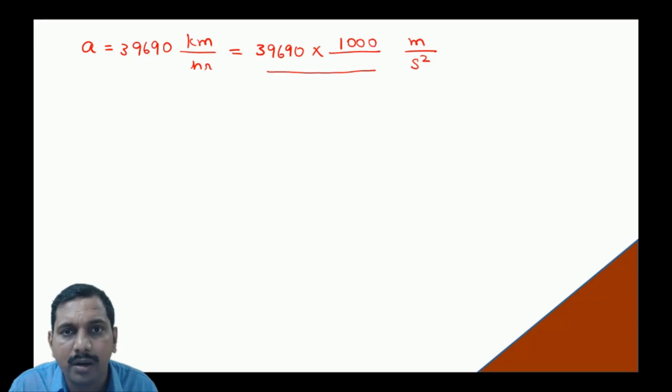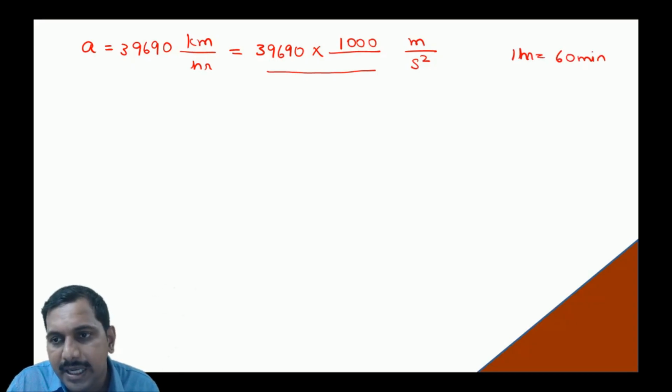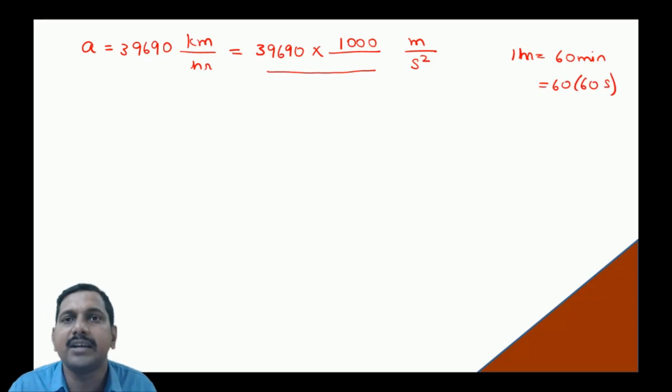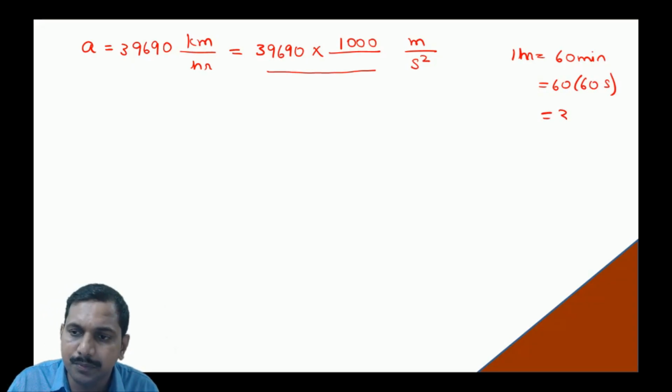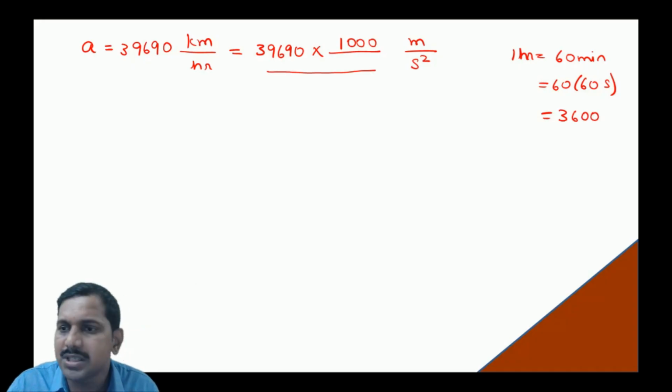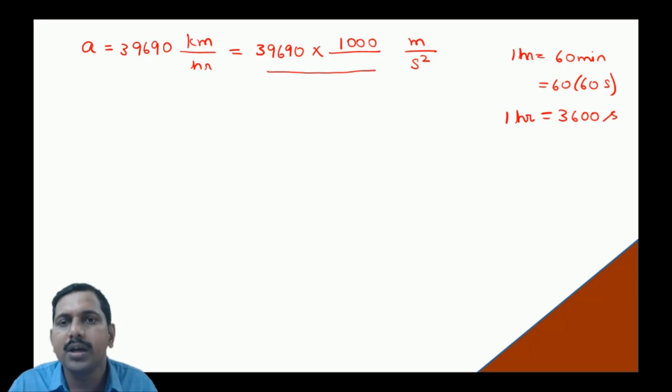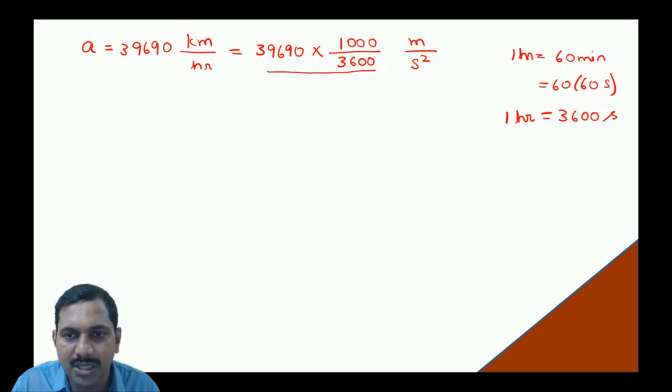And then 1 hour is equal to 60 minutes, and each minute is equal to 60 seconds. So together it comes to 3,600 seconds. So 1 hour is equal to 3,600 seconds. So this is 1000 divided by 3,600.